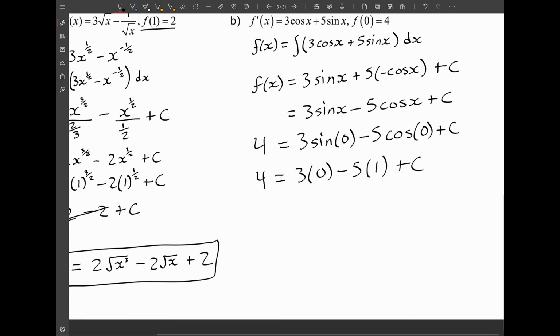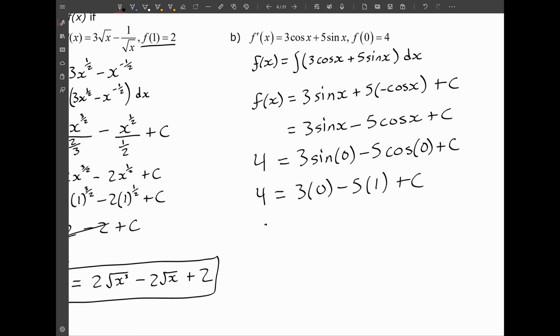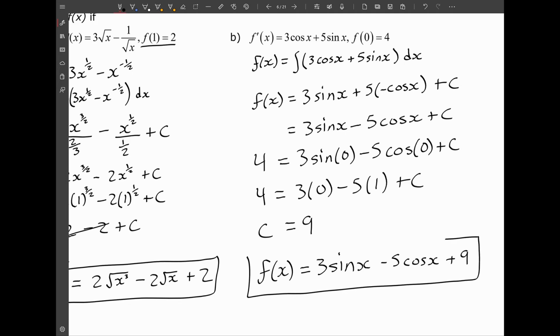And if we solve for c, we'll get that c is actually equal to 9. Right? We just move that over, add the 5 to the other side, and we'll get 9. So that tells us that our f of x is then 3 sine of x minus 5 cosine of x plus 9.